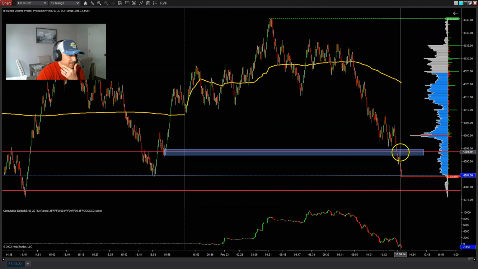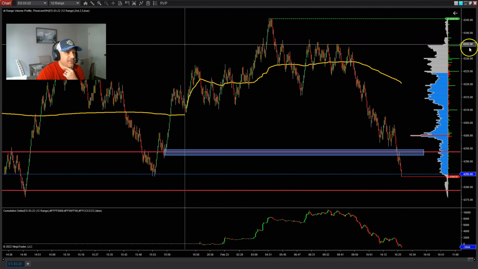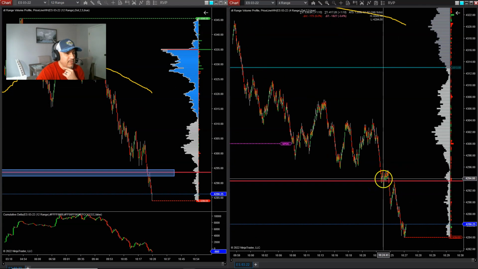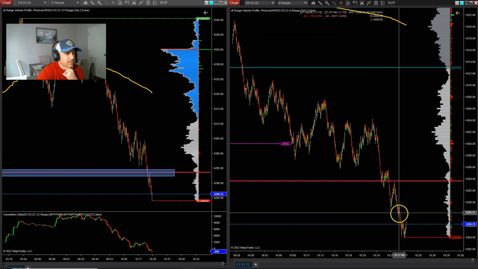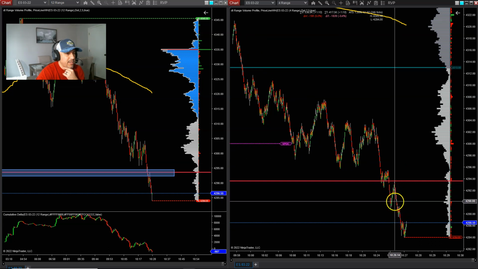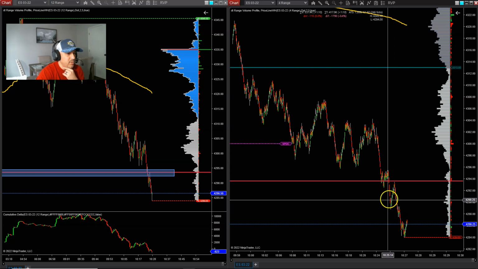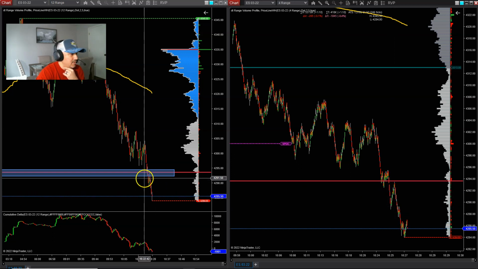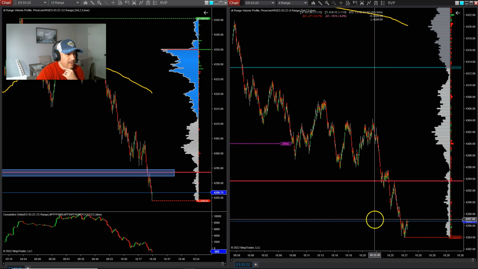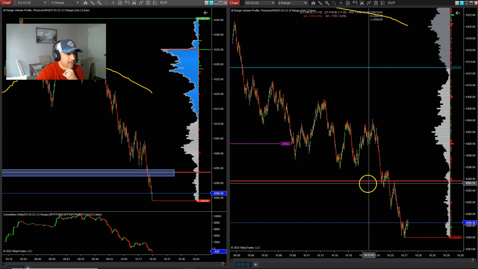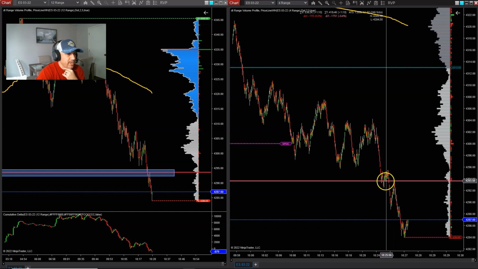If you look at the full range right here, 42.93.5, yep, this area right here, there's a swing right here, this swing with the top end at 91.